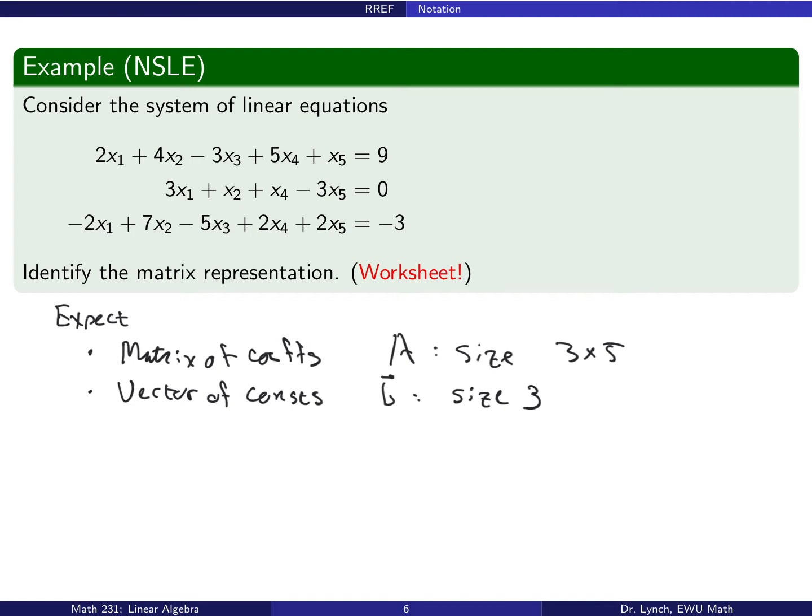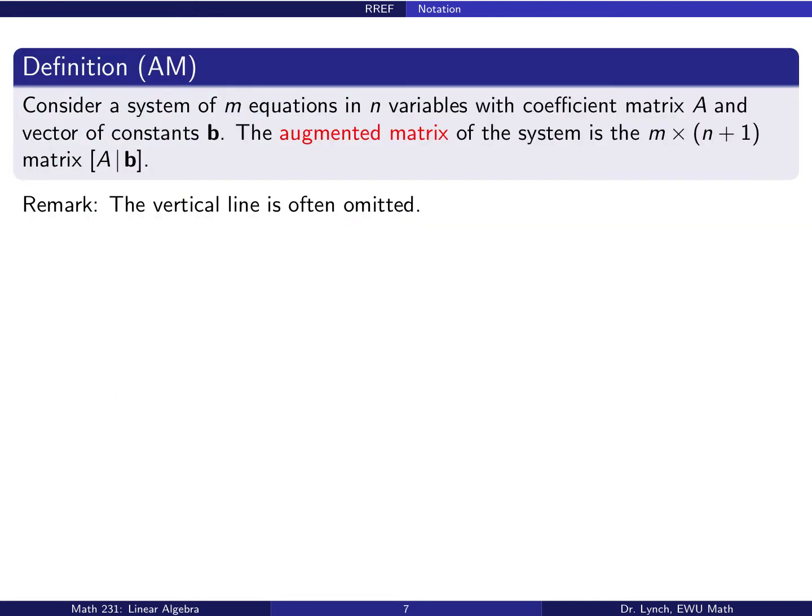Because there are 3 equations in 5 unknowns, we expect A to have size 3 by 5. And because there are 3 equations, we expect our vector of constants to be size 3. I'll let you work through picking off all of those coefficients to construct A and B.